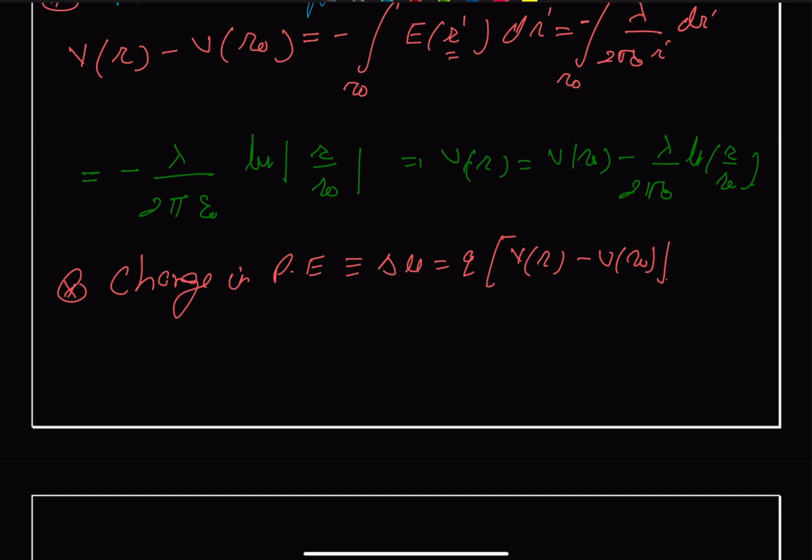So delta U will be equal to minus lambda times Q upon 2 pi epsilon naught natural log of r upon r naught. Now we can use conservation of energy.